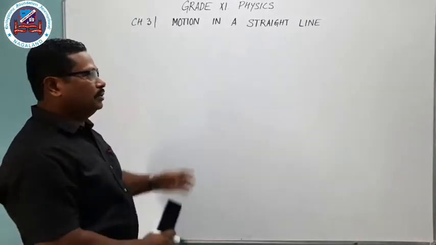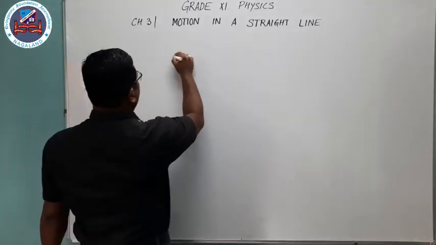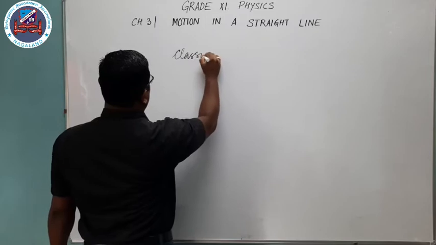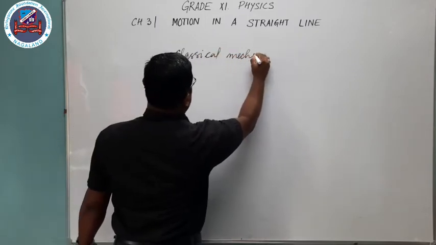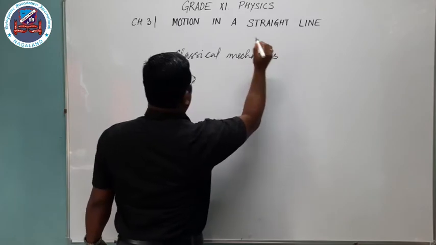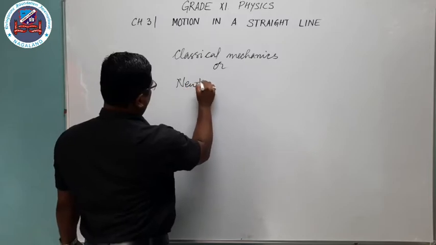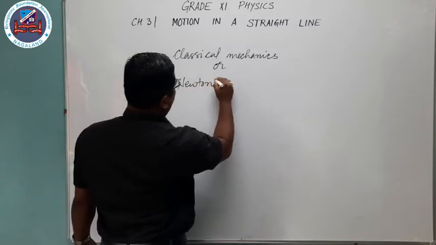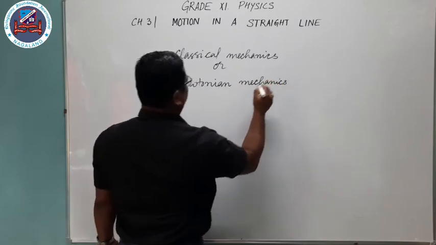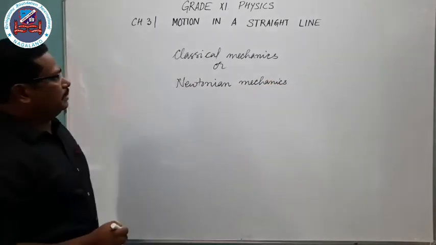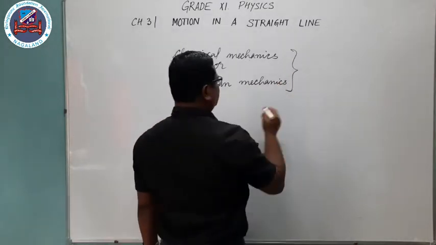Here, the moment I say motion in a straight line, it comes from classical mechanics, or we call it Newtonian mechanics. Mechanics is a branch of science that deals with the study of motion of objects.